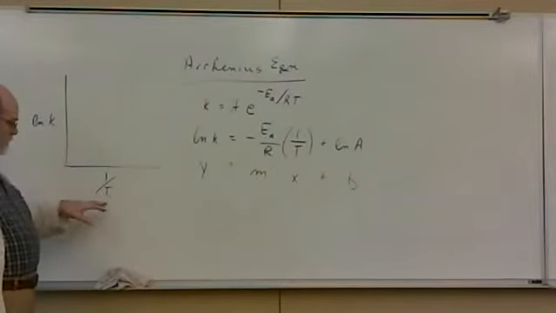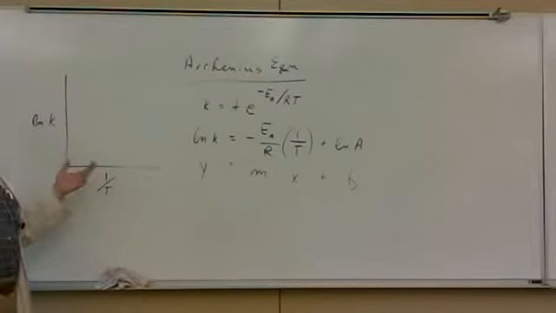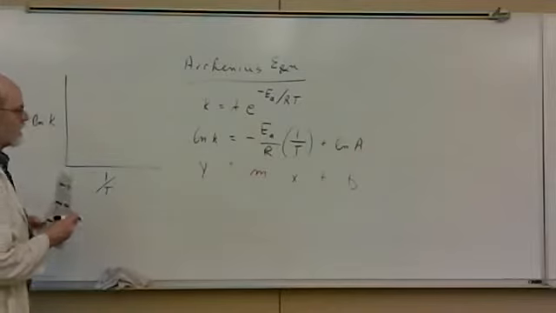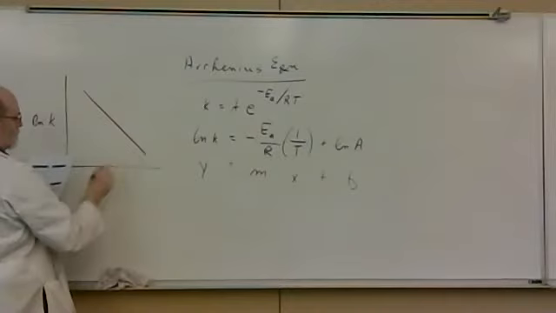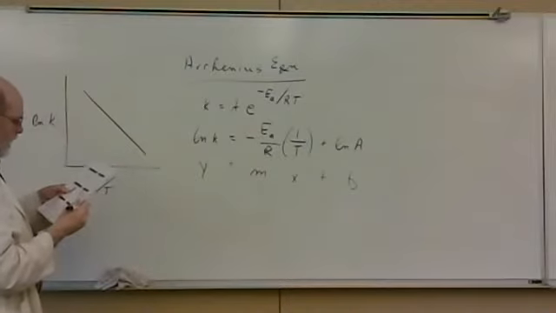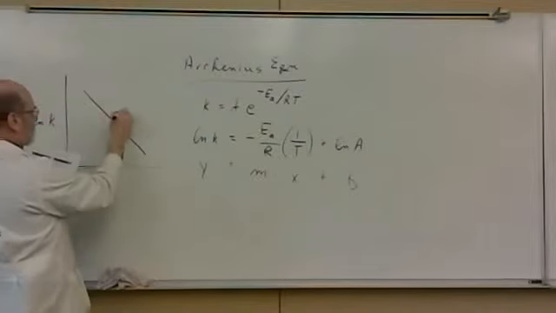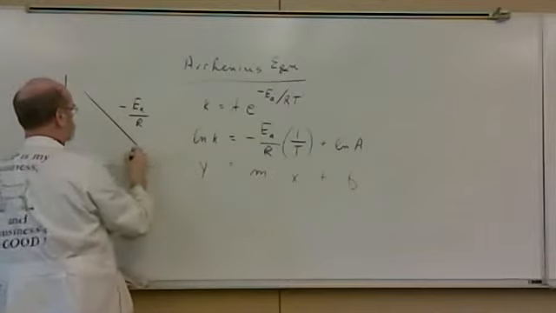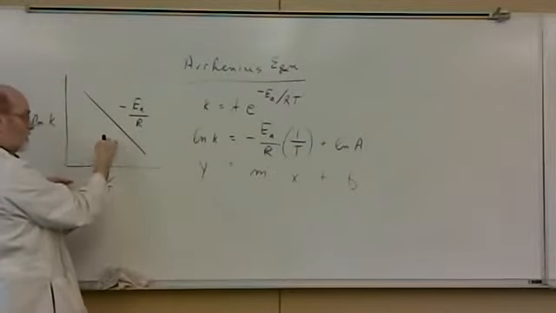We really only need 2. If it's a straight line, then we only need 2 temperatures and 2 Ks. Then it's going to be a negative slope, like that, and the slope of that line is going to be negative E sub A over R.